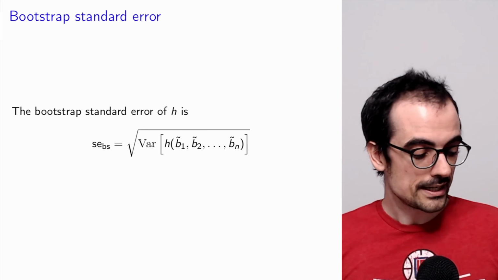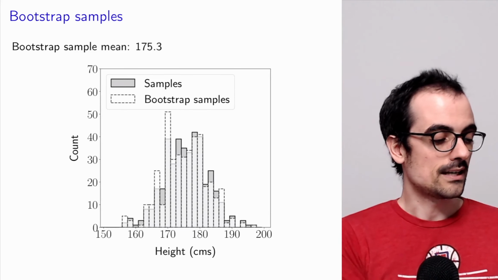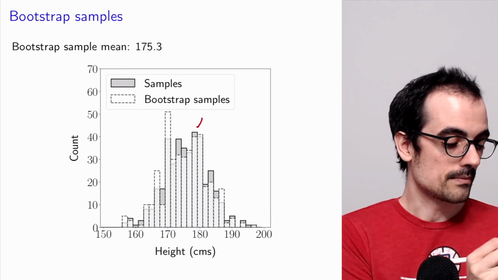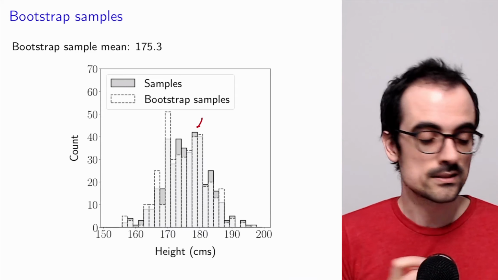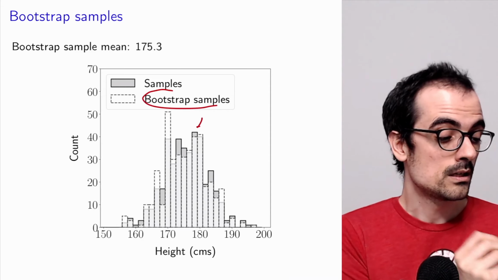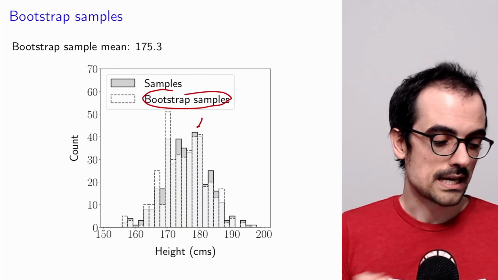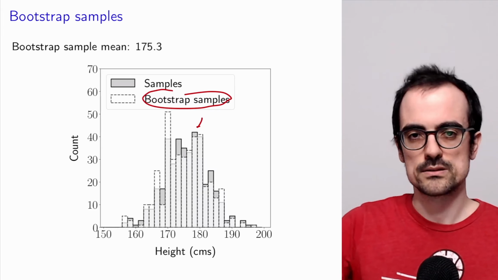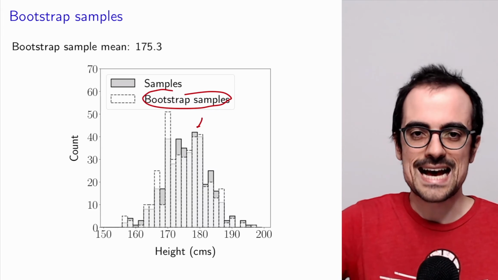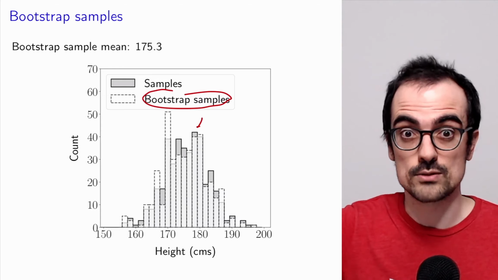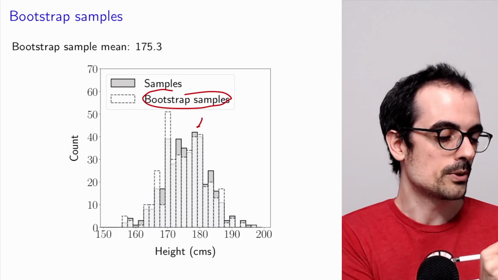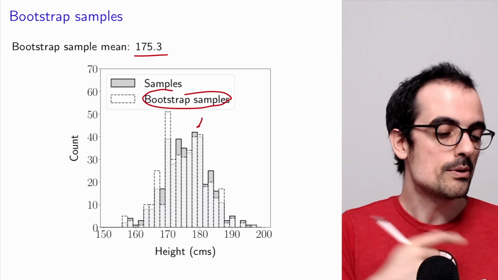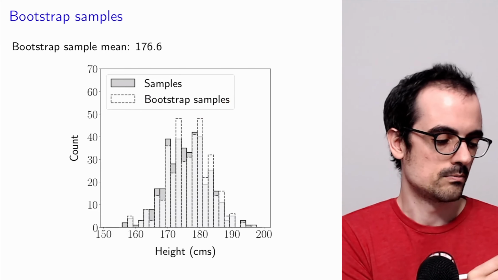To make this very clear, we basically have our data, which is this histogram here in gray, which is going to be fixed, and then we sample n bootstrap samples. I think here this is probably from 400 measurements, so we sample 400 measurements at random from the 400 original data points, and we compute a sample mean. And then we repeat that with 400 other bootstrap samples.